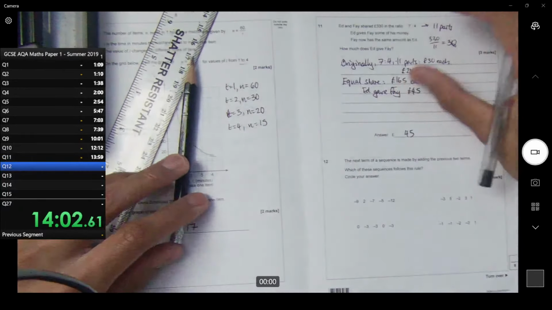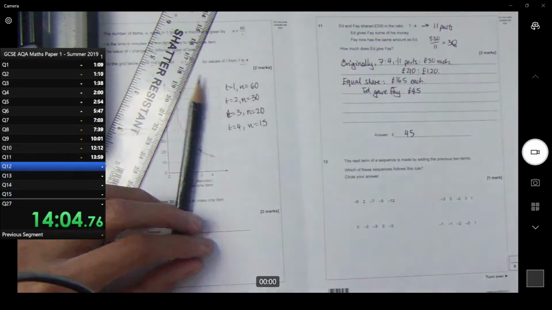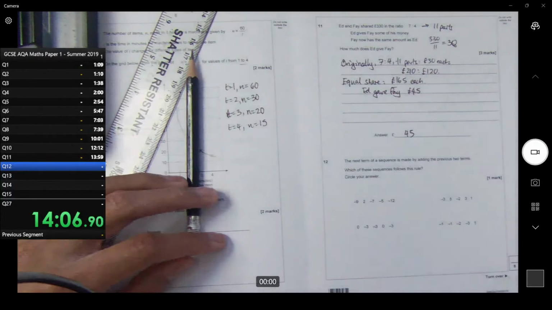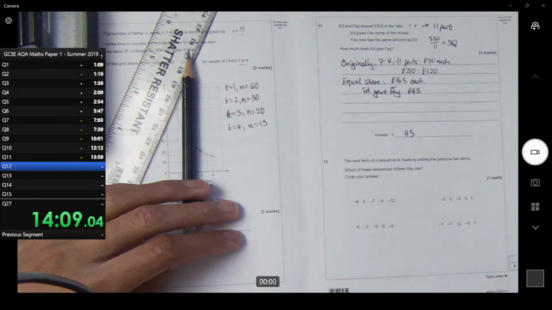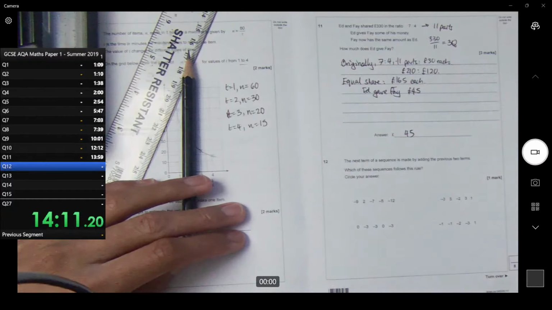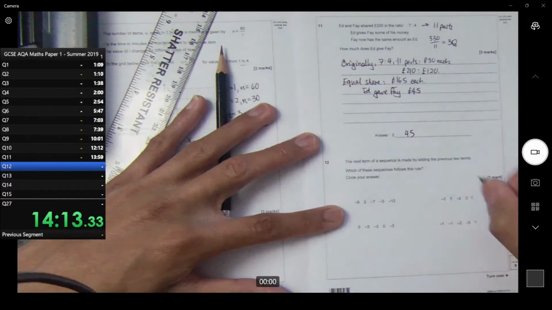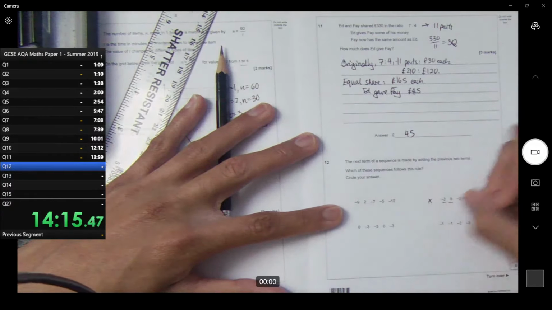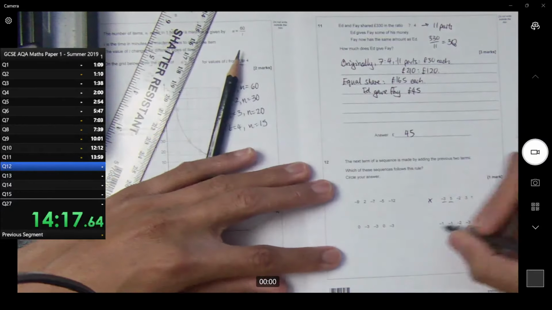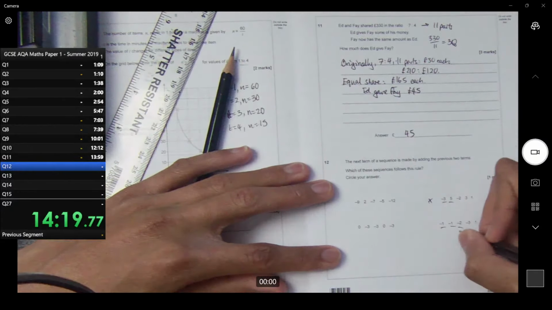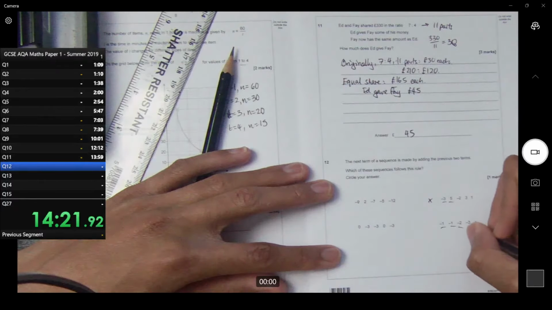Next, question 12. The next term of the sequence is made by adding the previous two terms. Which of these sequences follow this rule? Well, it's definitely not this one, because these two don't add up to positive 2. These two add up to minus 2. These two add up to minus 3 here. Not this one.